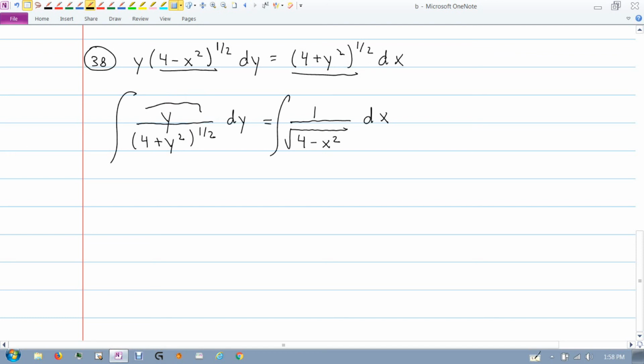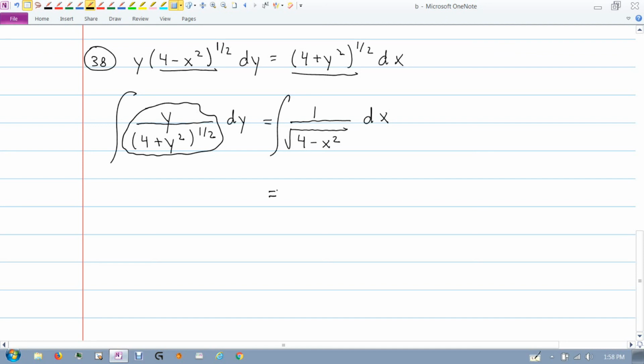So when we do this one here, this is going to be a basic u substitution. And I don't think I'm going to go through that basic u substitution. But let's talk about the right-hand side.